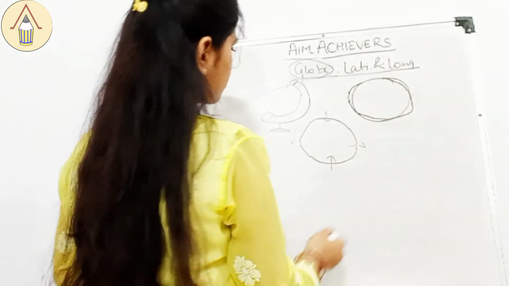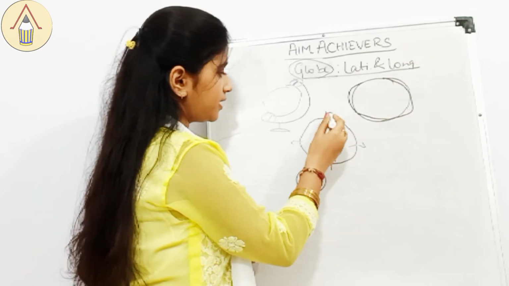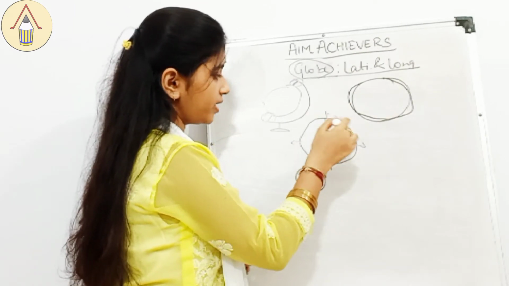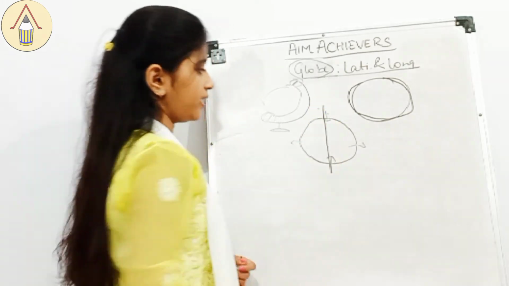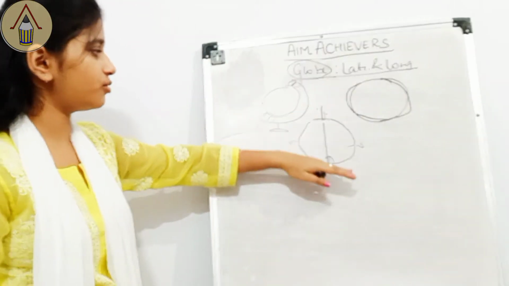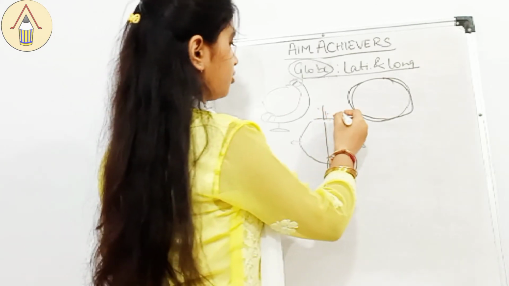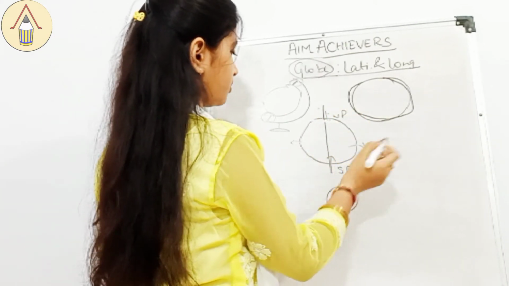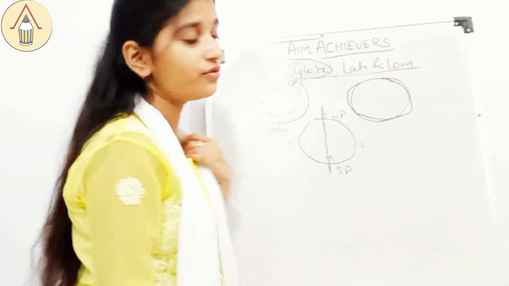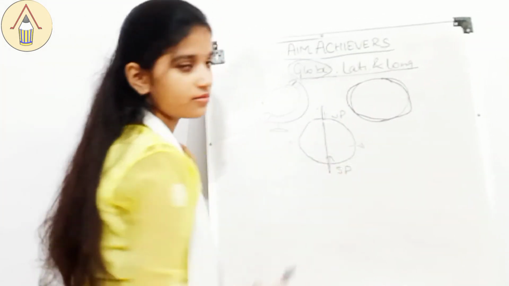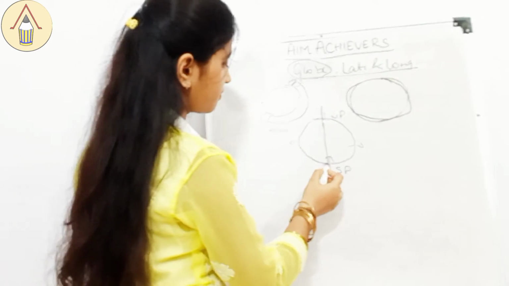Okay. Now, as we are making poles here, we will be taking axis directly from north pole to south pole. Okay, this is north pole, this is south. This is axis on which the earth rotates. In the next chapter we will study.